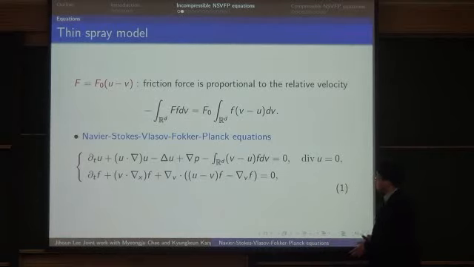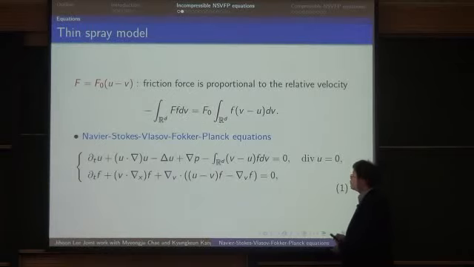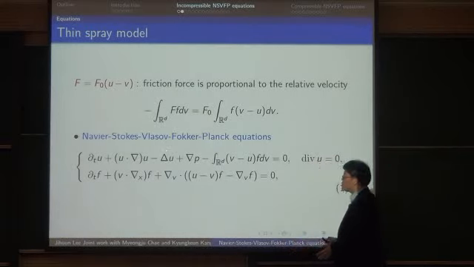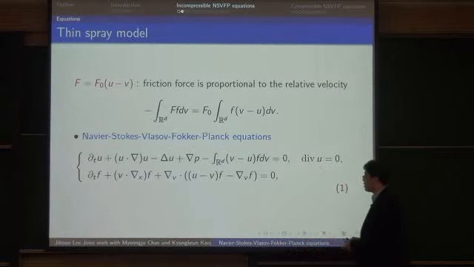Then if we substitute capital F and small f by this, we set f sub 0 to be just constant, so we will choose f sub 0 to be 1. And if we choose all the constants, for example the viscosity and sigma, to be 1, then we have these kinds of equations.